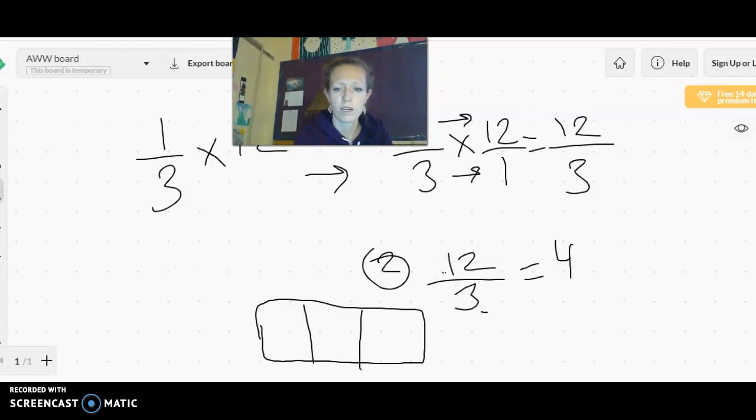I have 12 dots, so I'm going to evenly disperse them. 1, 2, 3, 4, 5, 6, 7, 8, 9, 10, 11, 12.